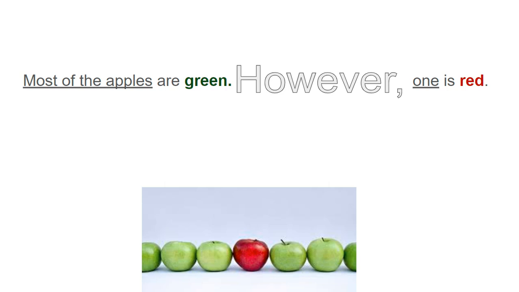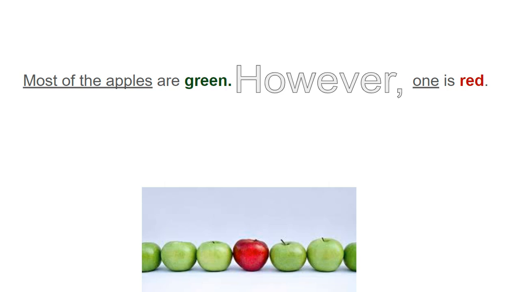Another word we see a lot in our reading is however. Okay? However usually starts a new sentence. So here I still have two sentences. Notice two sentences. But I've joined the sentences together in meaning. So however connects the two sentences. It says this sentence and this sentence belong together.